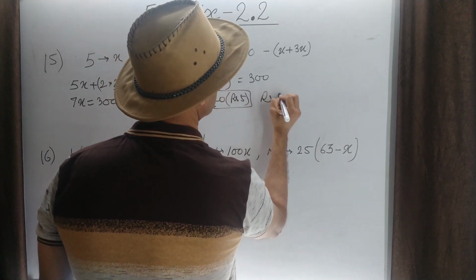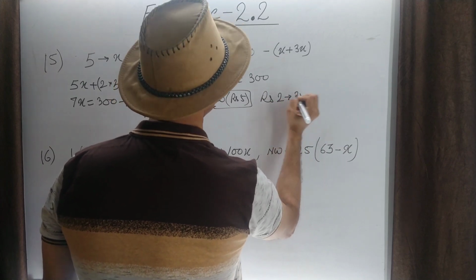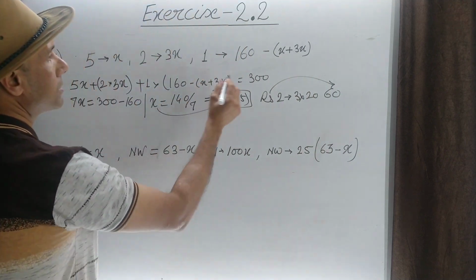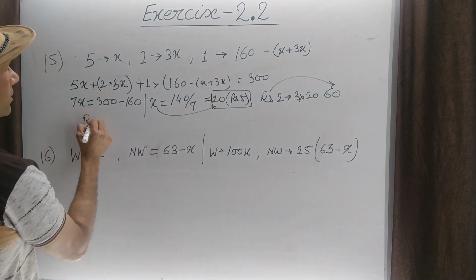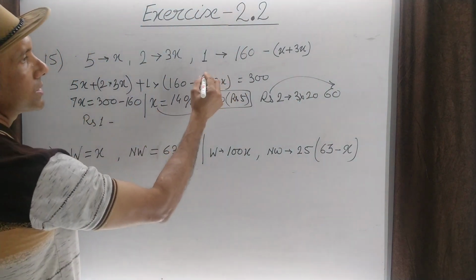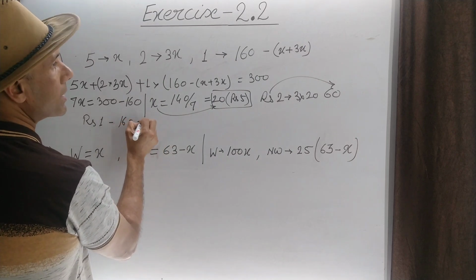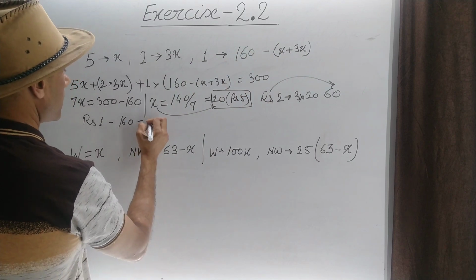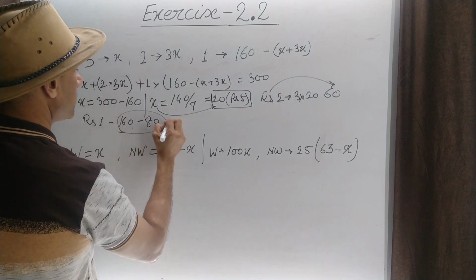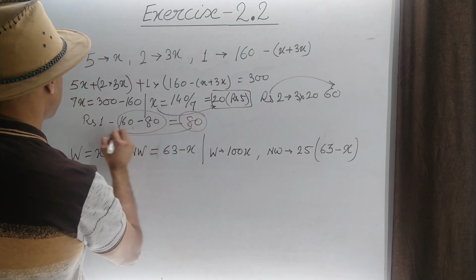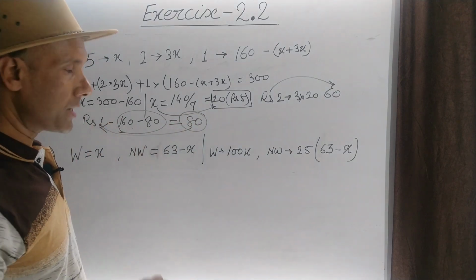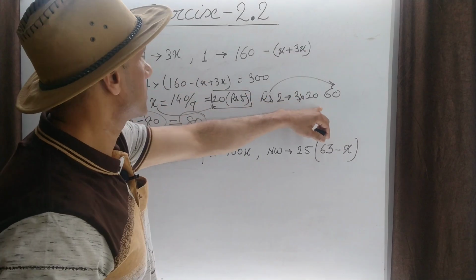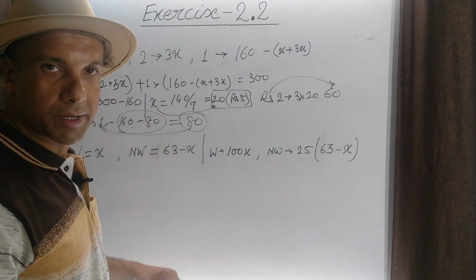Okay, and rupees 1 coins will be 160 minus 20 plus 60, that is 80. So this comes out to be 80. So rupees 1 coins will be 80 in number. So you got 5 rupees coins as 20, 2 rupees coins as 60, and 1 rupee coins as 80 in number.